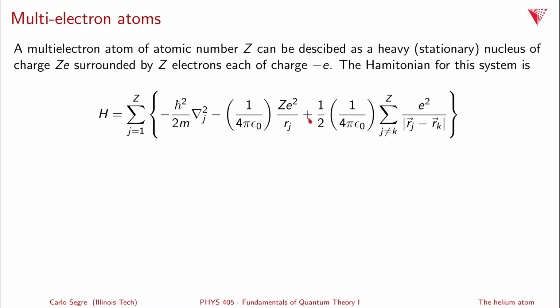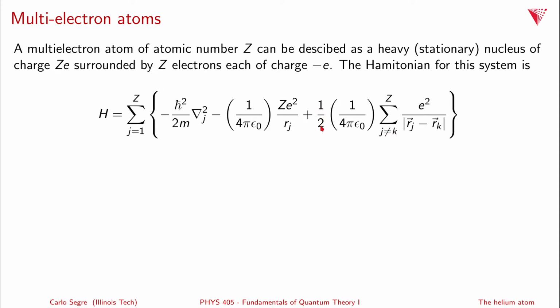That's why it's positive. It's a Coulombic type force or potential because 1 over 4 pi epsilon naught goes like the distance between the two electrons to the minus 1 power times the charge on the electrons squared, e times e. And then you have to sum it over all the electrons in the multi-electron atom all the way up to Z, but you want to exclude the self-repulsion because it doesn't exist.